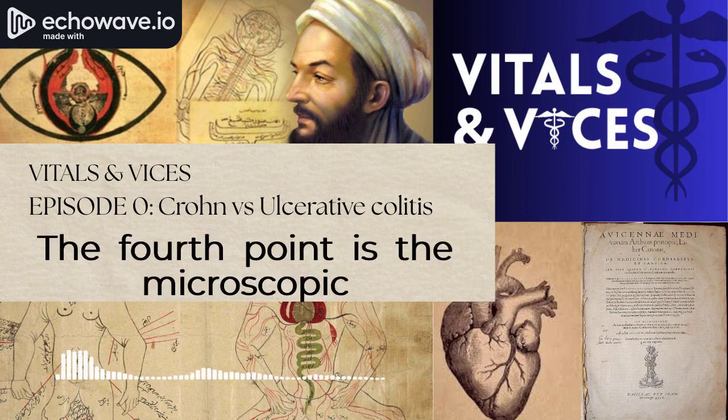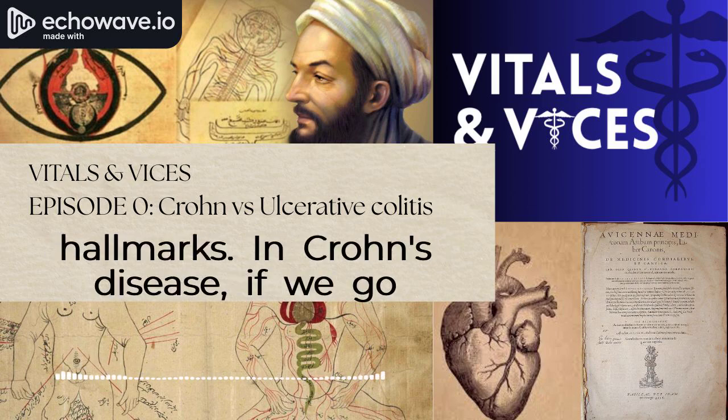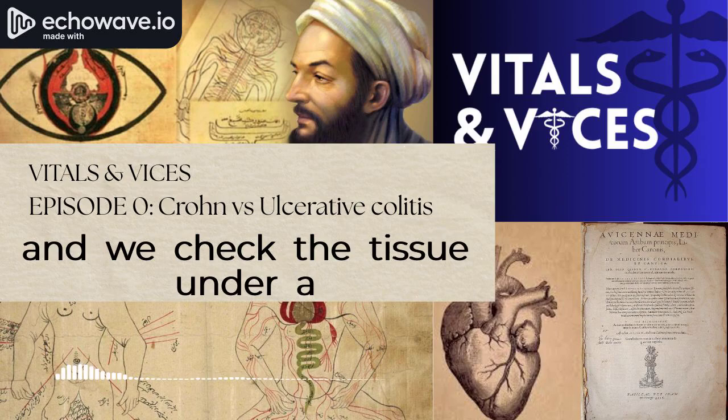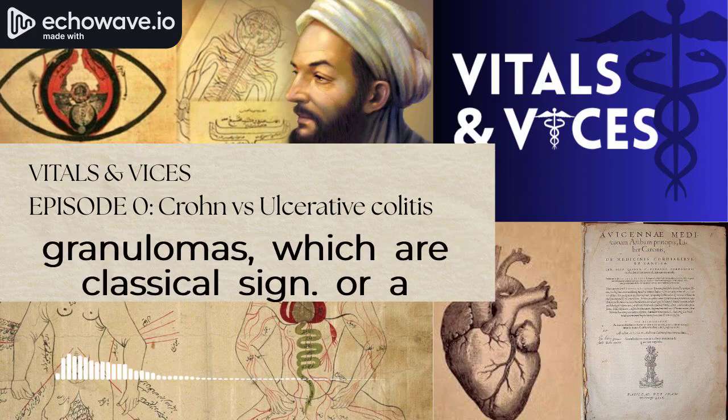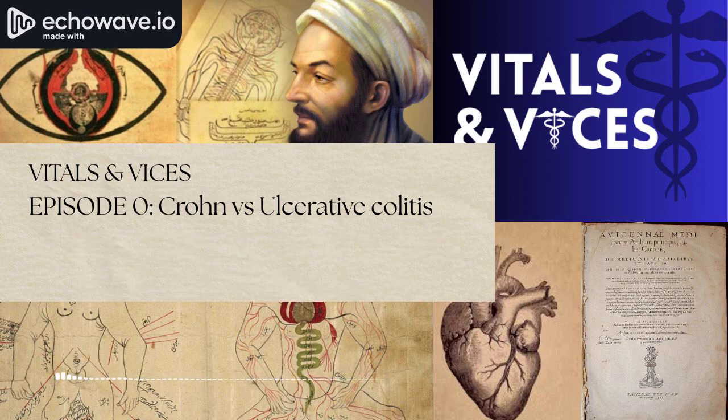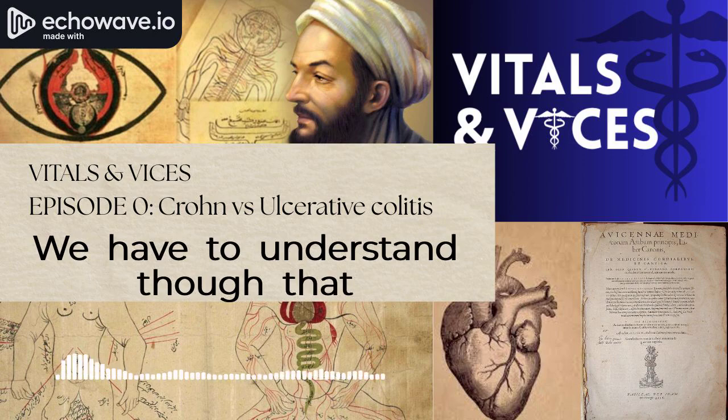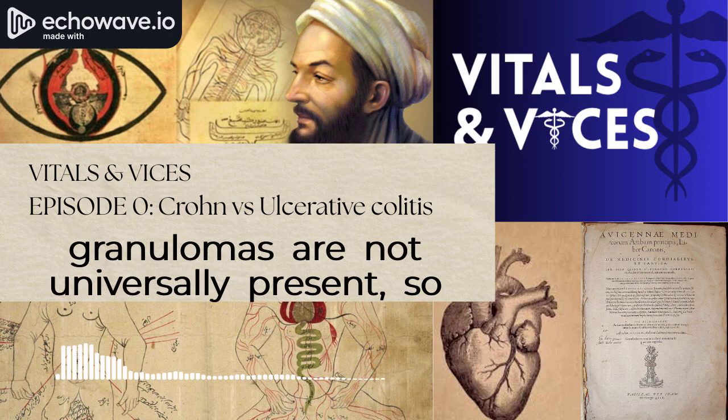The fourth point is the microscopic hallmarks. In Crohn's disease, if we check the tissue under a microscope, we are going to find granulomas, which are a classical mark. We have to understand, though, that granulomas are not universally present.